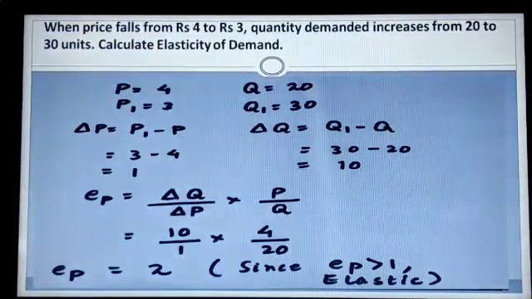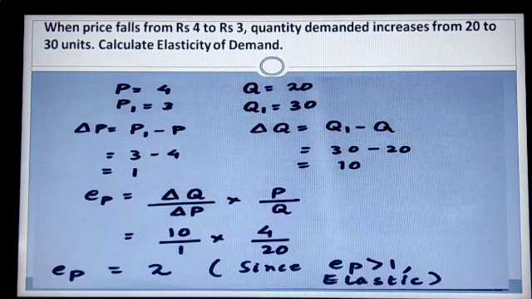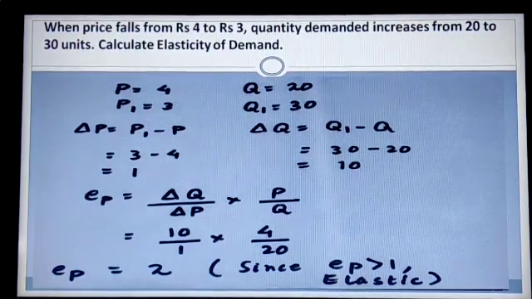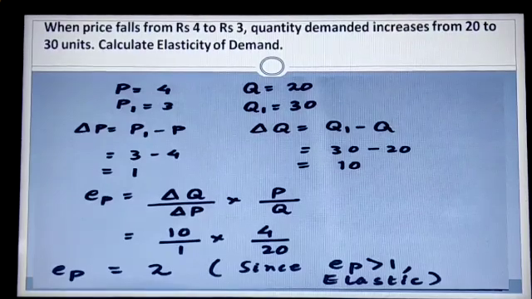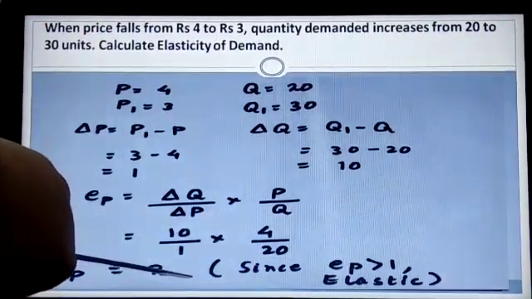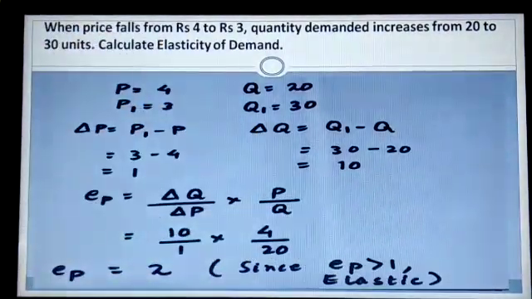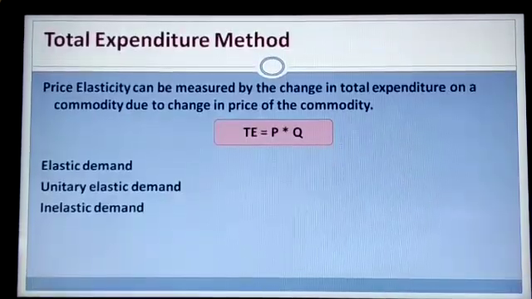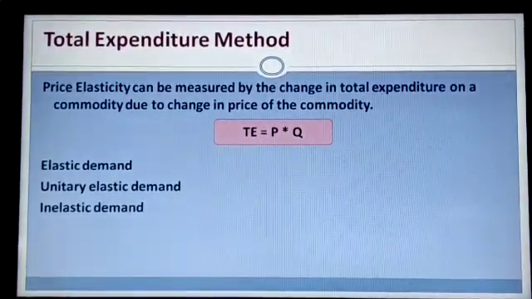When you solve this, the answer will be EP is equal to 2. The value 2 is greater than 1, and we remember the case greater than 1 is elastic demand. The case less than 1 is inelastic demand. Since the value of EP is greater than 1, I have written elastic demand. This is the simple numerical I have given.